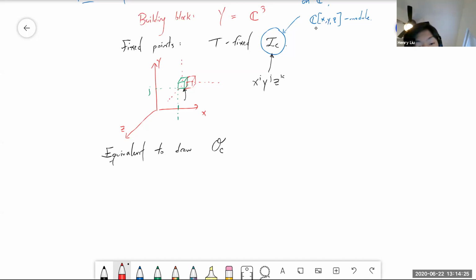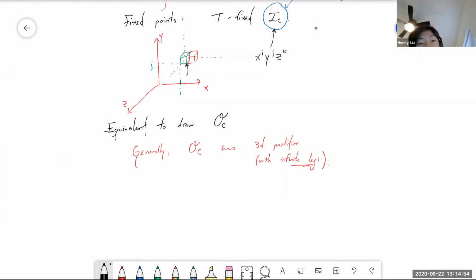So in general, O of C will look like some kind of 3D partition, possibly with infinite legs. So what do I mean by infinite legs? Well, let's think of the simplest possible case. What's the simplest curve inside C3?